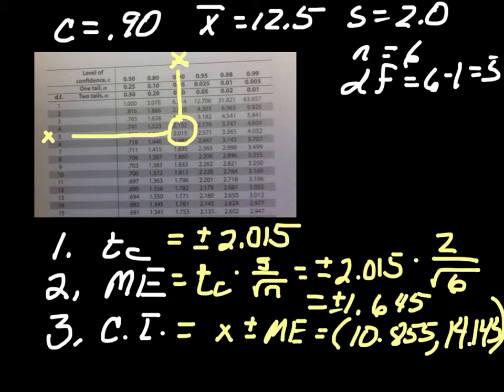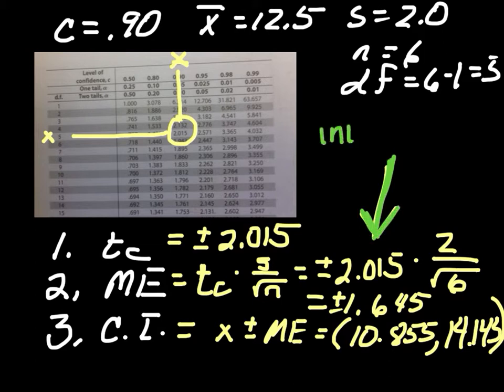So your problems tomorrow are just these basics. And keep in mind that this table is used much differently than the other tables. The last thing I want to show you is how can I get the critical value if I'm using the calculator?